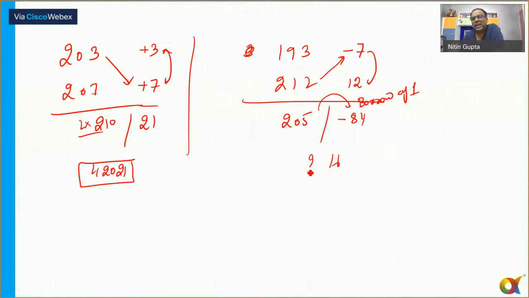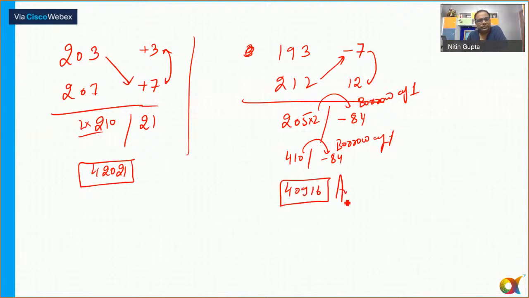Oh, sorry, I have written it wrong here. The first part will be 205 into 2, that is equal to 410. I forgot to multiply it by 2. And minus 84. Now take a borrow of 1 after multiplying. So this will become 40916, and this is the answer.